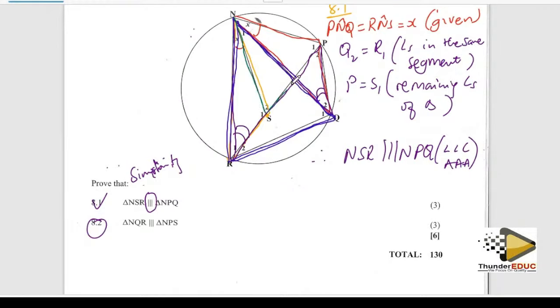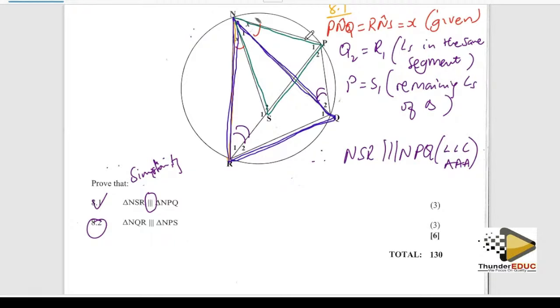NPS. We need to find what is common between these two triangles. Let me just do it again. So I need to look for what is common there.